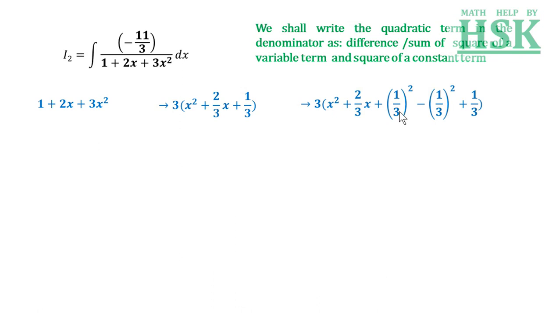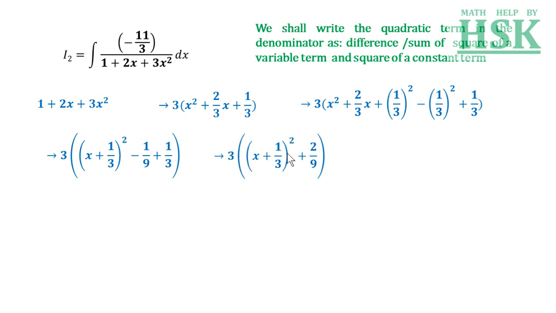The first three terms are x plus 1 by 3 whole square, and these two constant terms can be simplified. So I'm going to write this as 3 times x plus 1 by 3 whole square minus 1 by 9 plus 1 by 3. This on simplification gives me 3 times x plus 1 by 3 whole square plus 2 by 9, which gives me x plus 1 by 3 whole square plus root 2 upon 3 whole square.